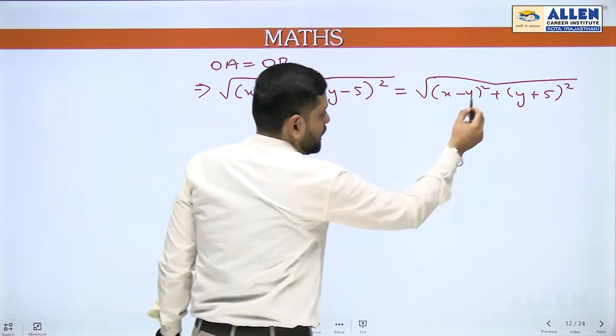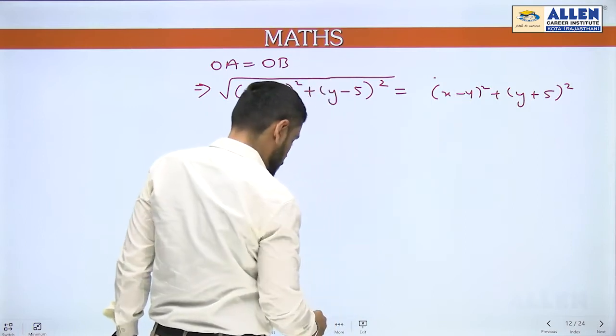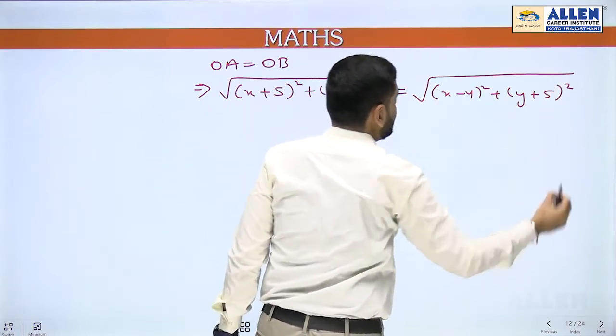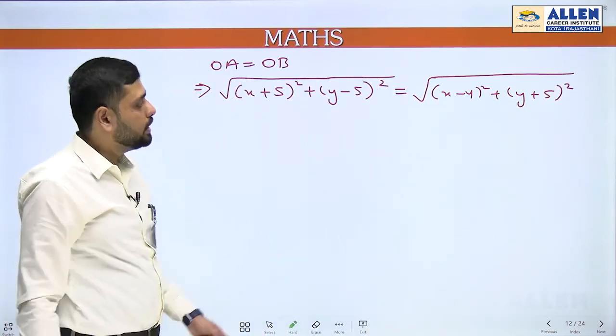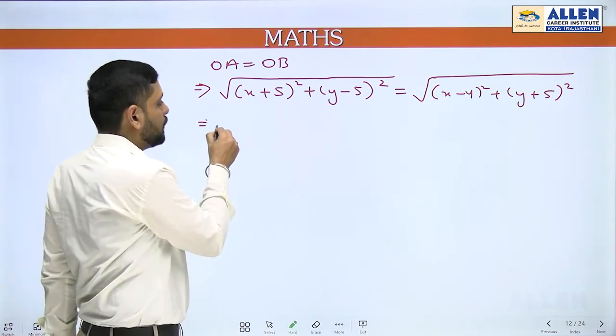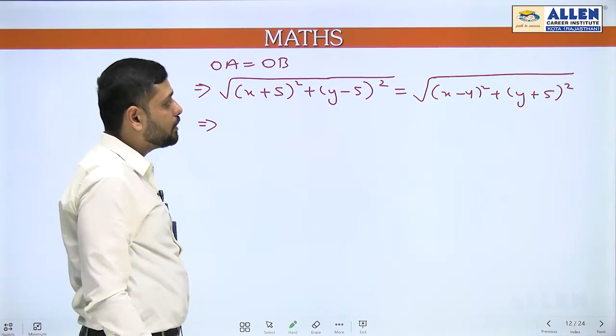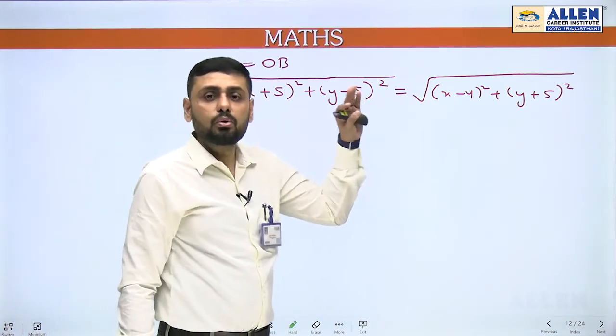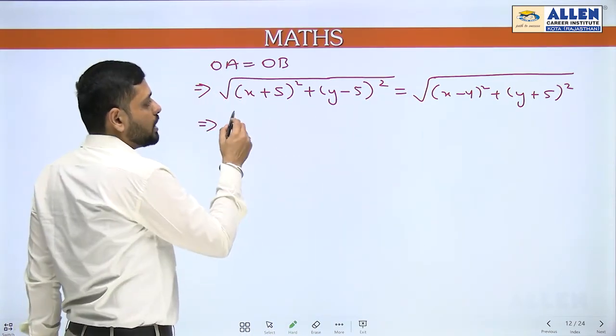So in this way we have again used the distance formula to write OA equal to OB, and now we'll keep the value of y as 0, open the brackets, and remove the square root by squaring.